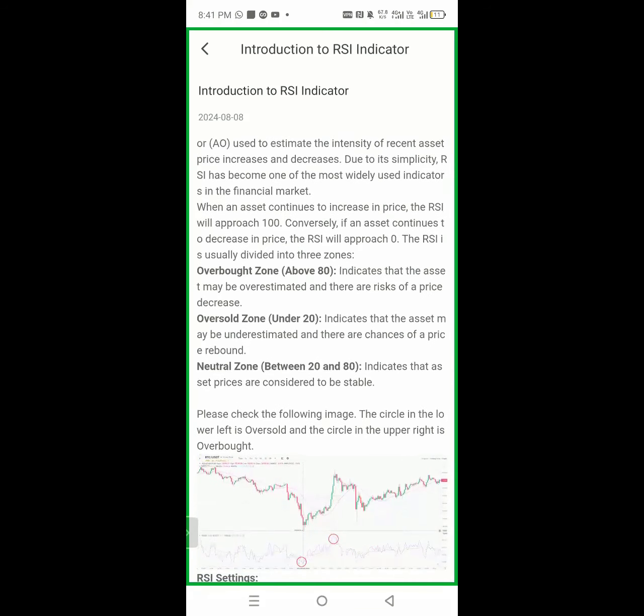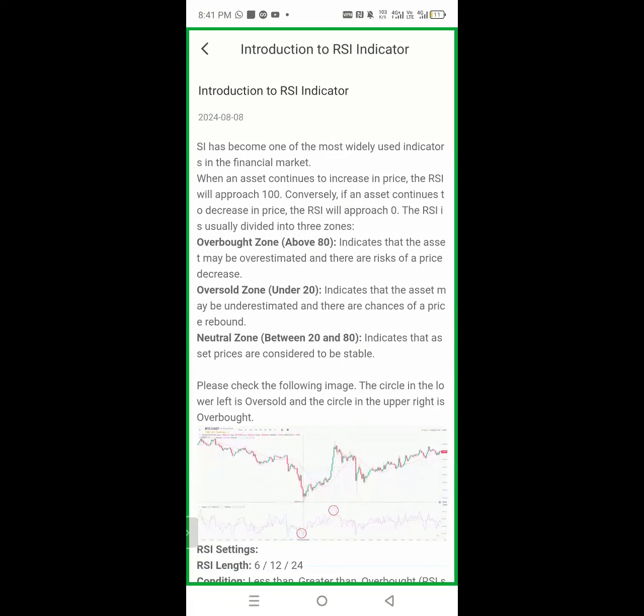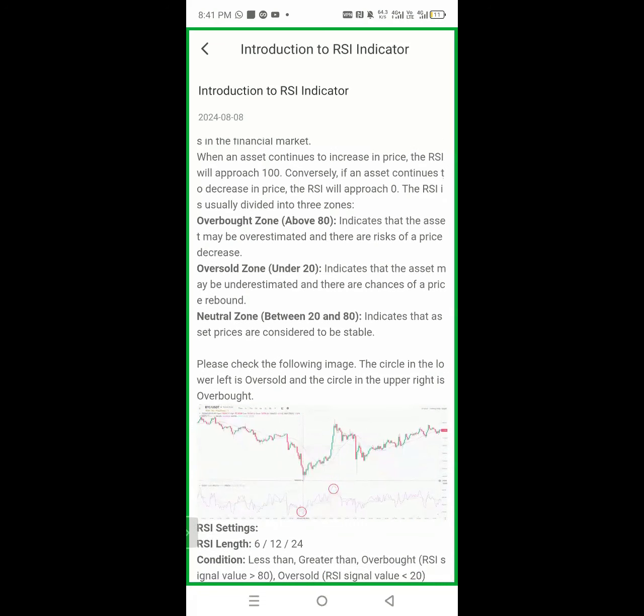Okay, please check the following image. The cycle in the lower left is oversold. When they say a coin is oversold, it means that sellers have sold and brought the price down. You can see the first cycle on the lower left, it made the candle go down.